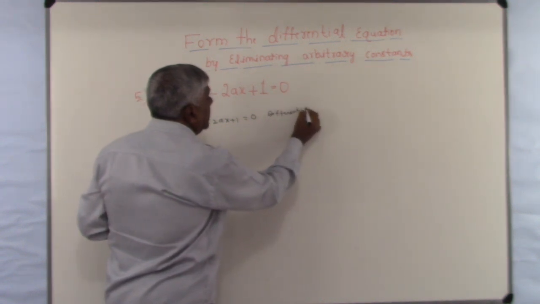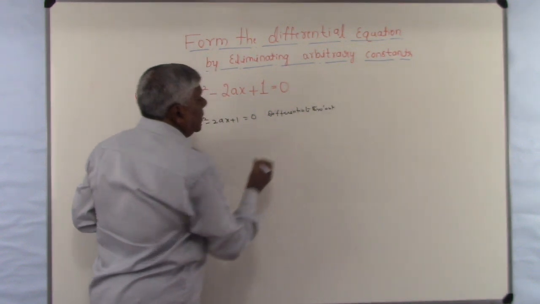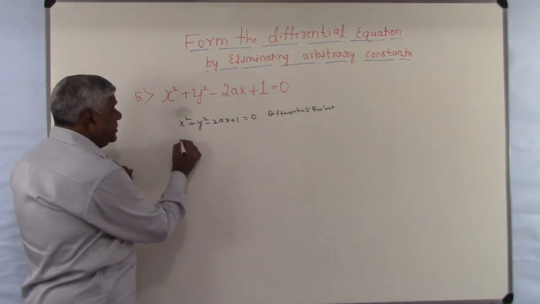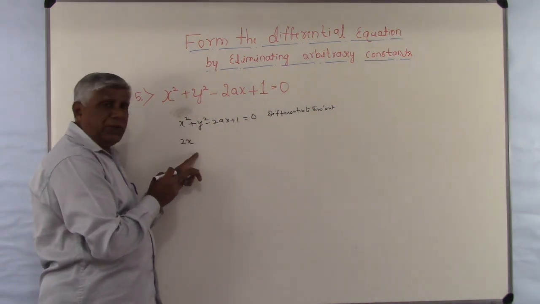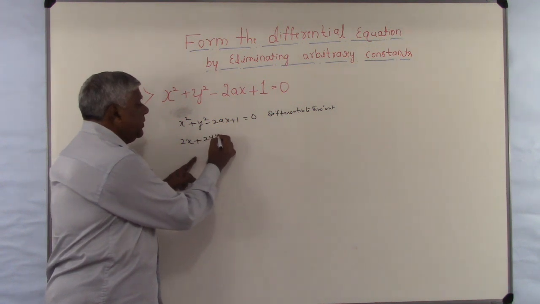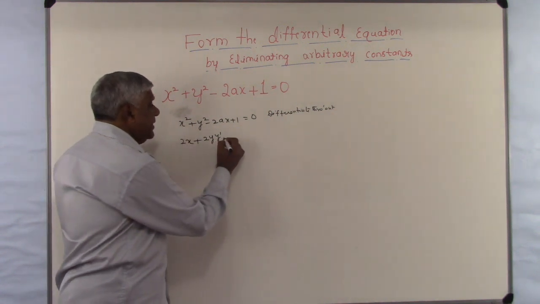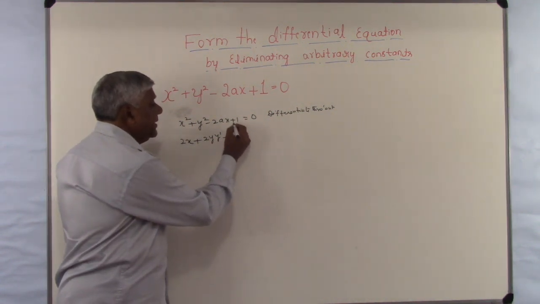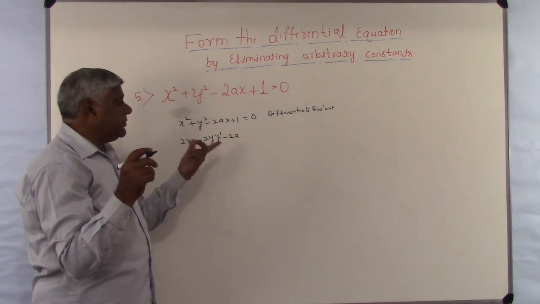What do you get here? Differentiation of x square is 2x, plus differentiation of y square is 2y y dash, minus 2a, because differentiation of x is 1. 2a into 1 is 2a.